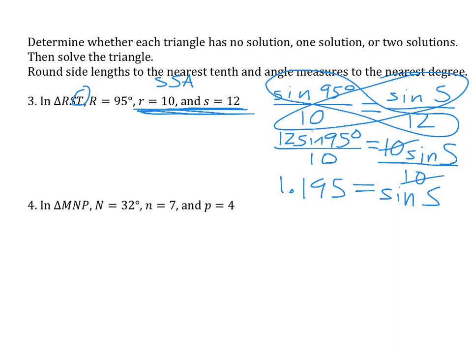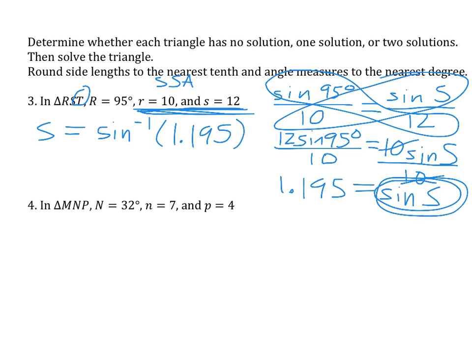If you didn't catch that, the next thing you would do is take the inverse sine of both sides. If you take the inverse sine of this, it cancels out the sine. And then you take the inverse sine of 1.195.